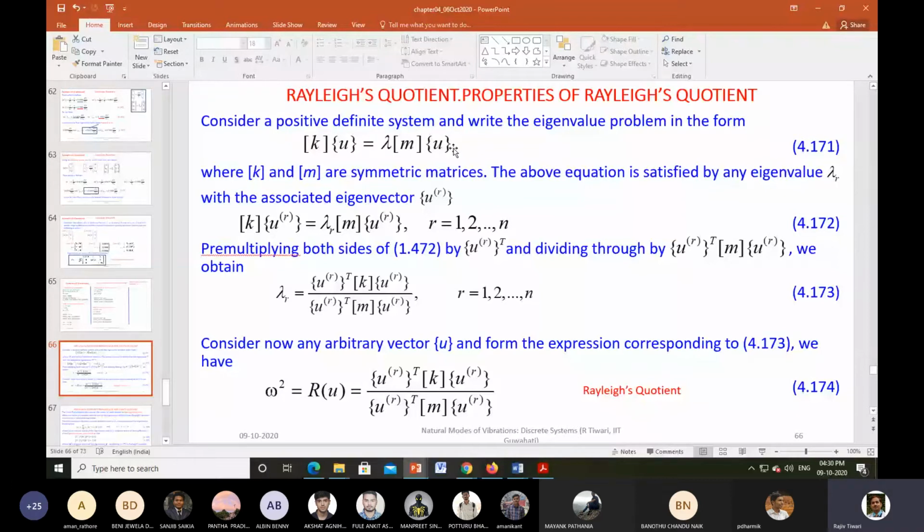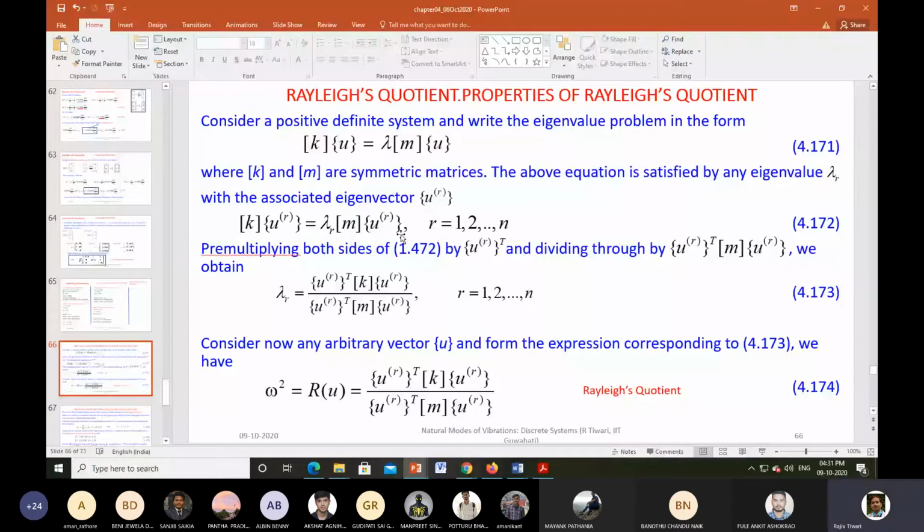Now, because this is an eigenvalue problem, if we have lambda r as one of the eigenvalues and ur as the corresponding eigenvector, and we substitute this in this eigenvalue problem, it will satisfy it because these are the solutions of the eigenvalue problem. So if we substitute the solution, it should satisfy. This has been written for the rth eigenvector and eigenvalue, but r can take values 1 to n.